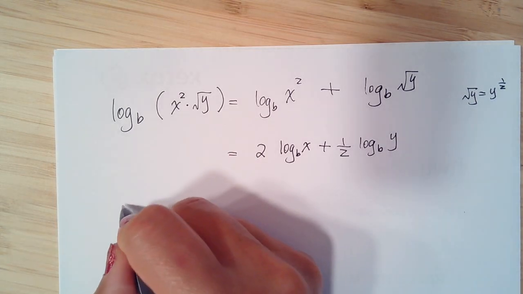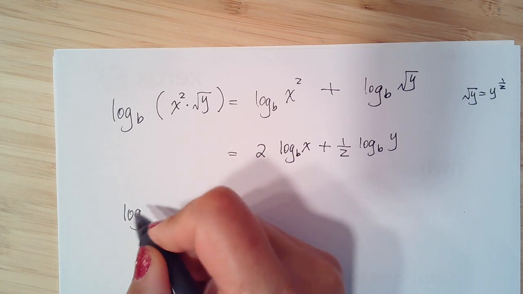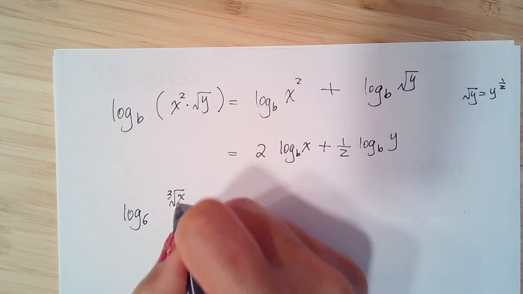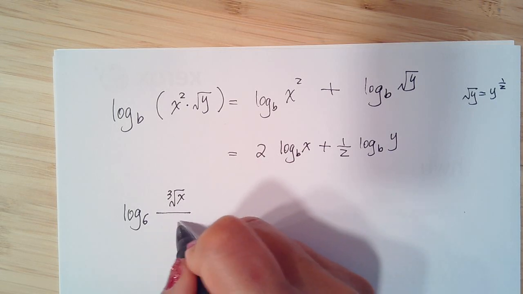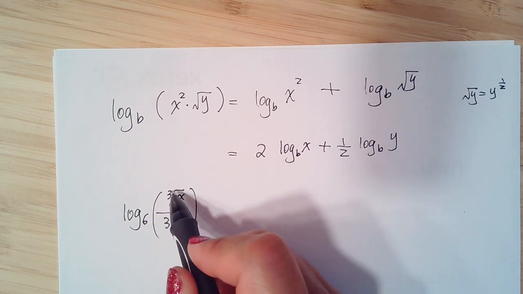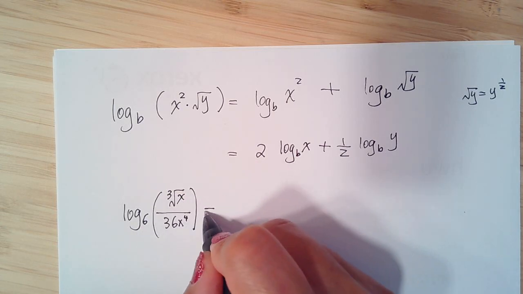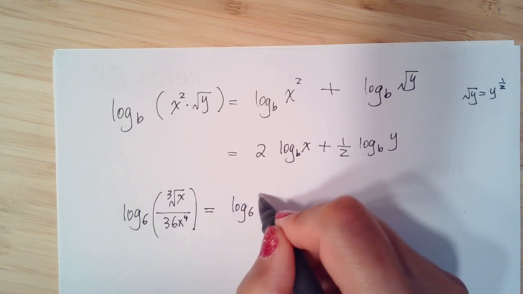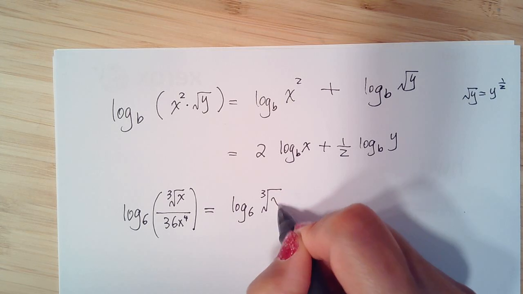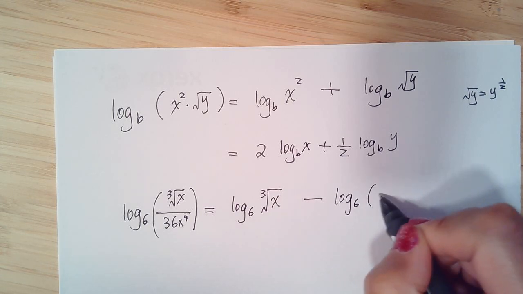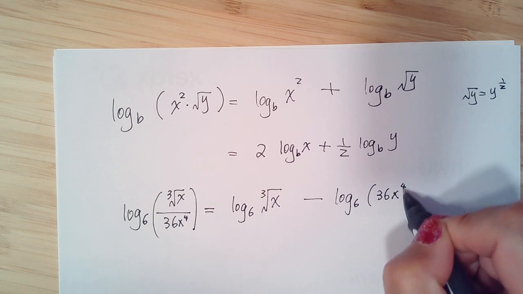One more, so I do log 6 of cube root of x over 36x to the 4th. First of all, we do a log of a quotient, so log the top minus the log of the bottom. So log 6, and the top is the cube root of x, minus log 6 of 36x to the 4th.